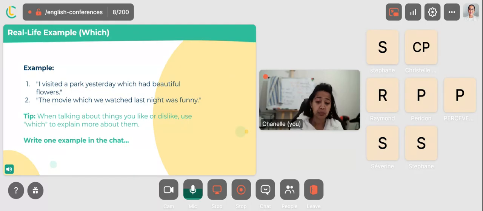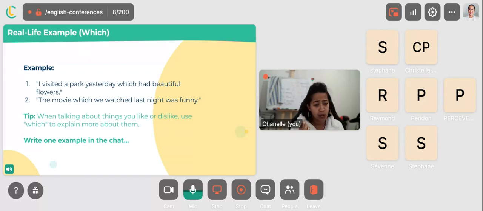For example, I visited a park yesterday which had beautiful flowers. It is the park which had beautiful flowers. The movie which we watched last night was funny. It's the movie.